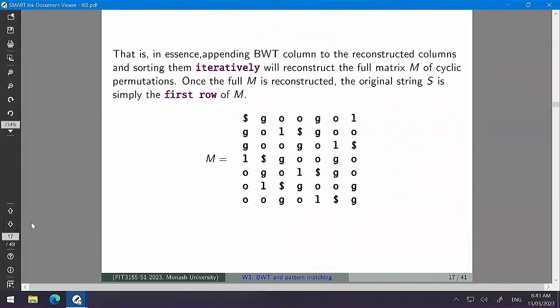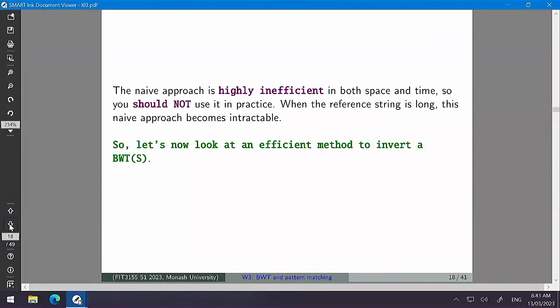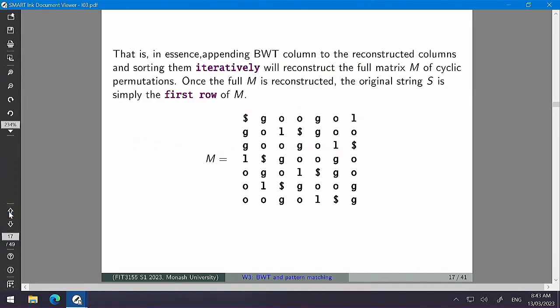So what's the complexity of doing this method? Maybe you will not answer it now, think about it during your self-study. I've already said it's a naive method.